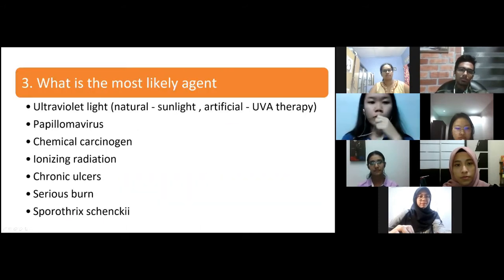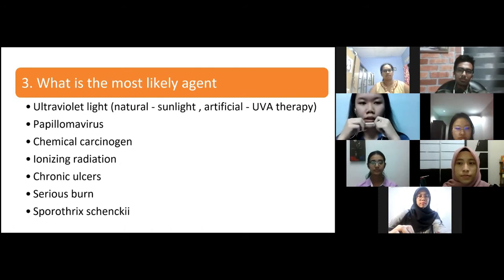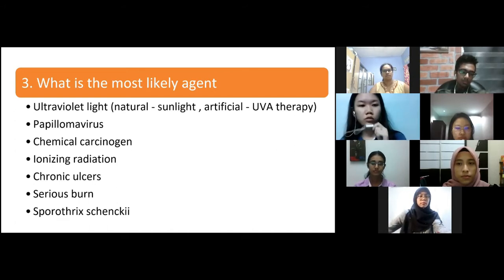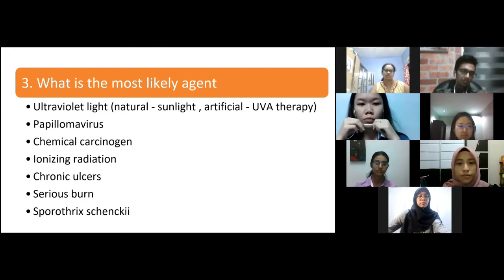So from the differential diagnoses made by Ivy and Shazrin, I have made a list of the most likely agents that will cause the three differential diagnoses. The first one is the most common one, ultraviolet light, which can be differentiated into natural light from the sunlight or artificial UV light from UVA therapy.